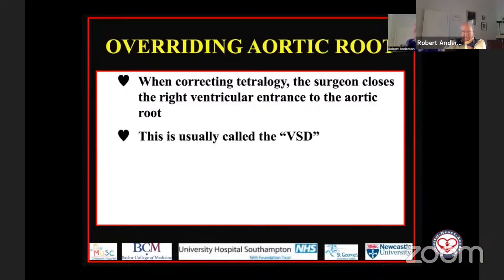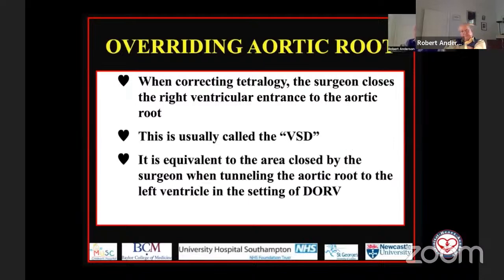And I hope you will all agree that that is the space we call the ventricular septal defect. I hope you can now see that it's the equivalent of that space that is closed by the surgeon when tunneling the aortic root, or perhaps sometimes the pulmonary root, to the left ventricle in the setting of double outlet right ventricle. And again in tetralogy of Fallot, it is the borders of this space that require description.